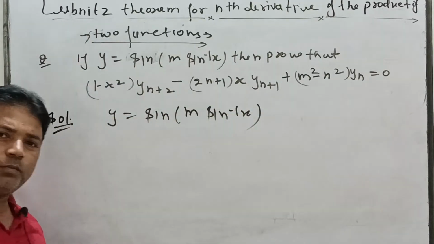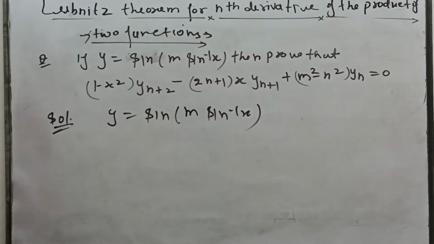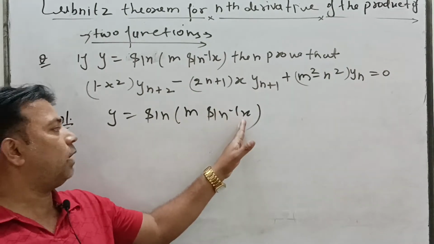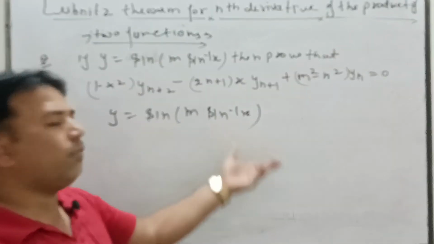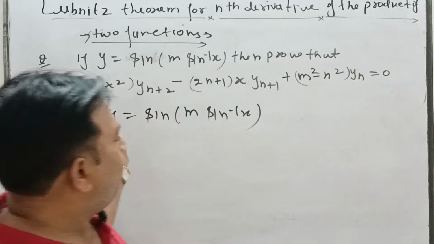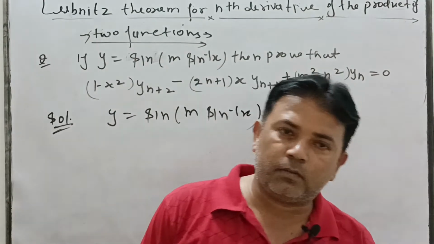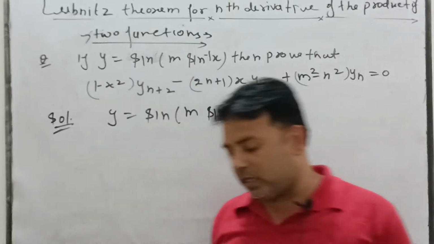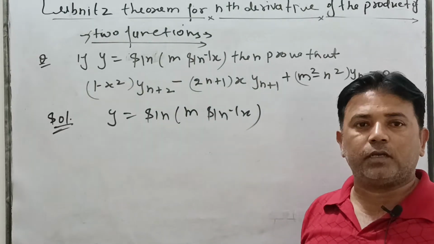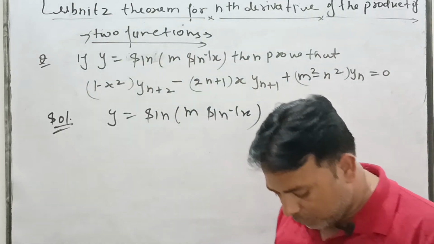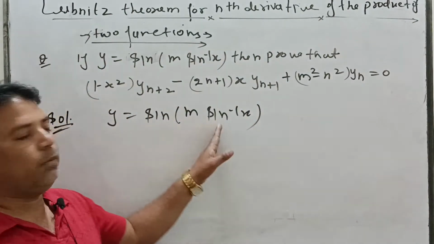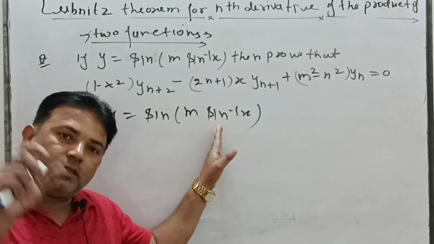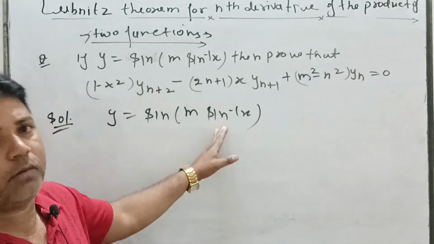This is not a product of two functions, because sin is the function and m sin inverse x is the angle, so this is a single function. We cannot apply the Leibniz theorem directly, because it applies only to a product of two functions. So first we convert this question into a product of two functions, and then apply the Leibniz theorem.